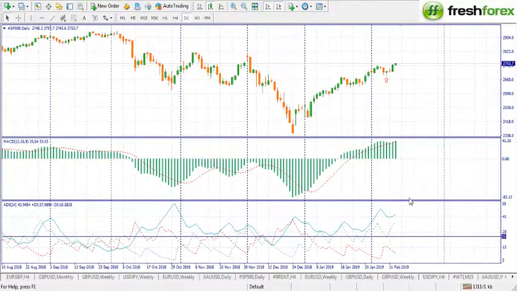Since the two indicators are upwards, we have the main one being above 25, and then you also have the dotted green one being above the red one. So what this means is that the trend is upwards, and therefore everything you're looking for on this chart has to be upwards.